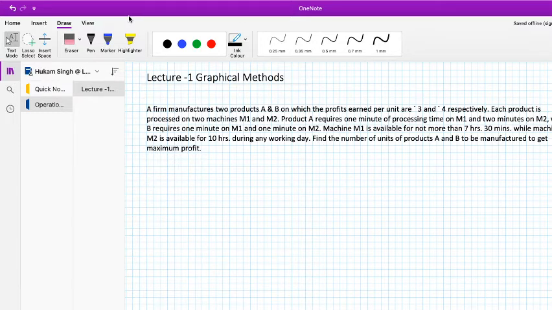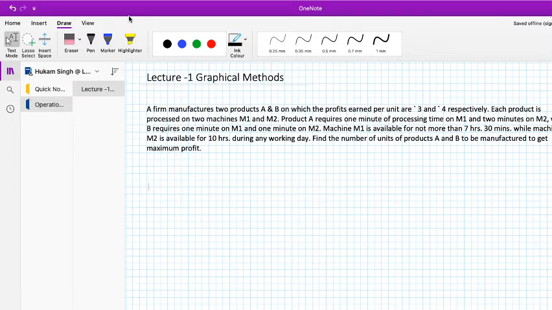The problem is: a firm manufactures two products, product A and product B, on which the profit earned per unit is rupees 3 and rupees 4 respectively. Each product is processed on two machines, machine M1 and machine M2.